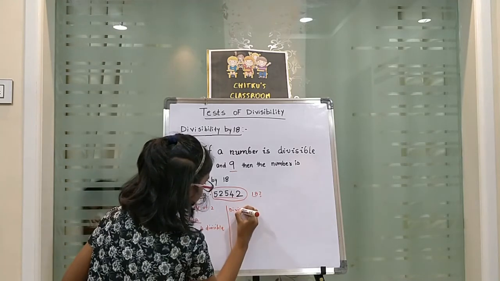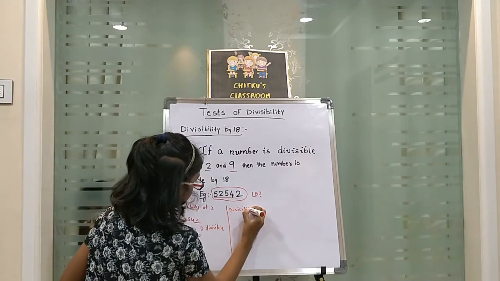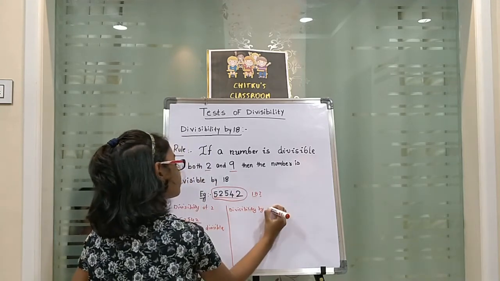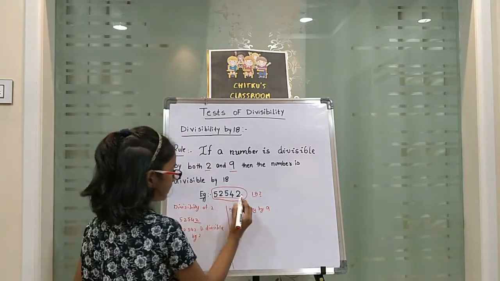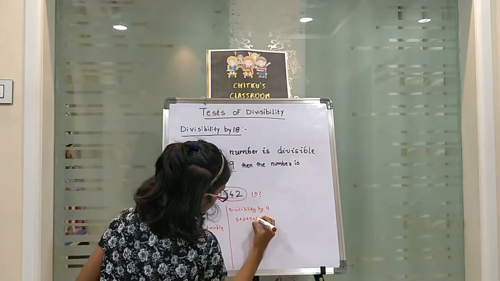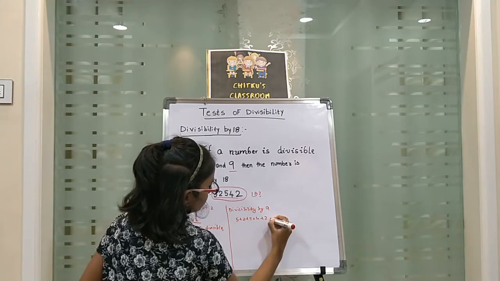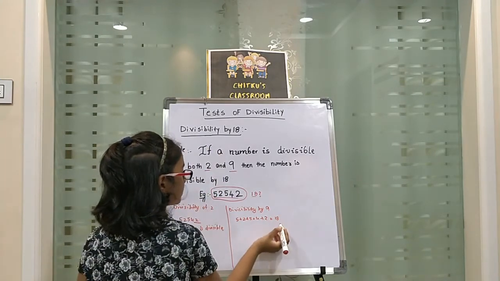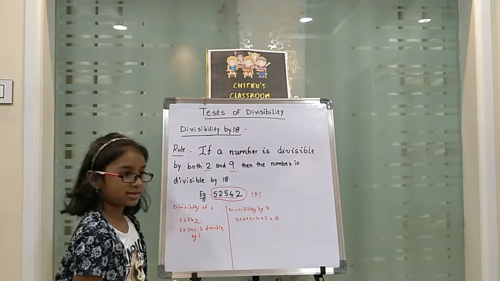Next, divisibility rules by 9. So in 9 we have to add these digits. So 5 plus 2 plus 5 plus 4 plus 2, 18. So 18 is divisible by 9 because 9 times 2 is 18.